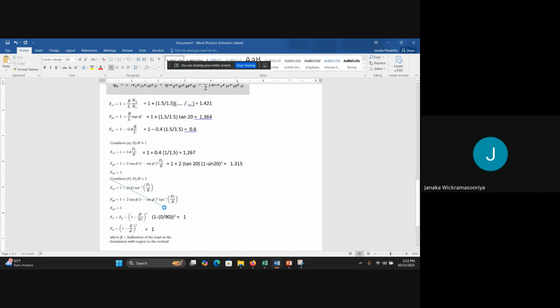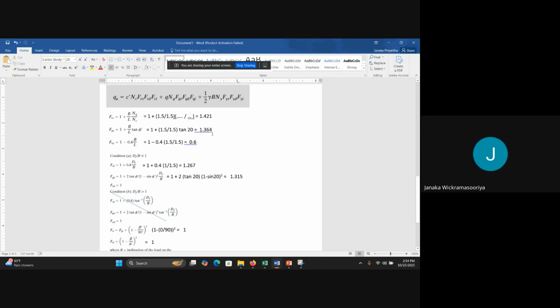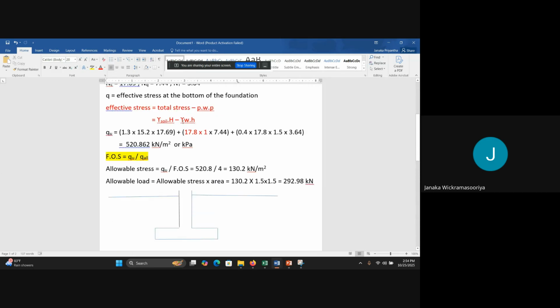Now this takes some time using the Meyerhof method, because we have so many parameters to find. However, we have found everyone. Then substitute those values and find QU, and you can follow the same steps: QU, the allowable stress and the allowable load.